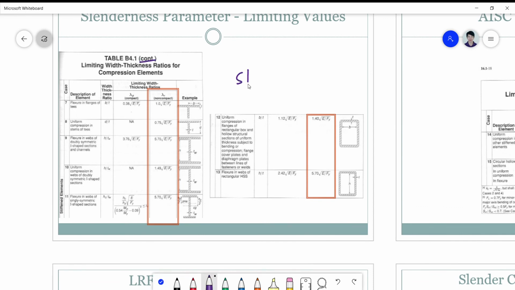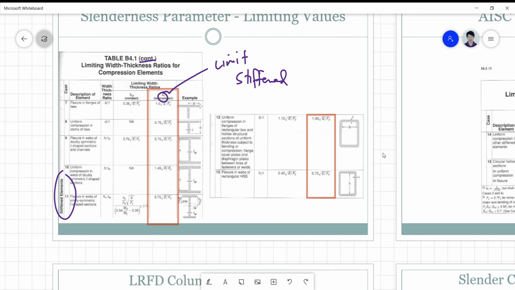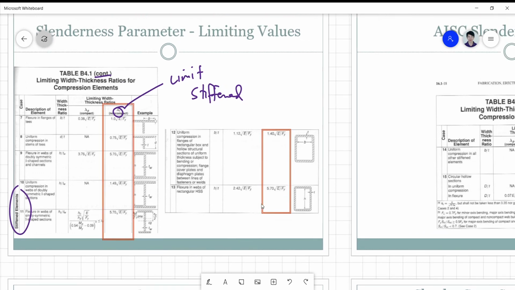So this is for the stiffened. Okay, so these lambda r values are the limiting values by which your local instability will be determined.